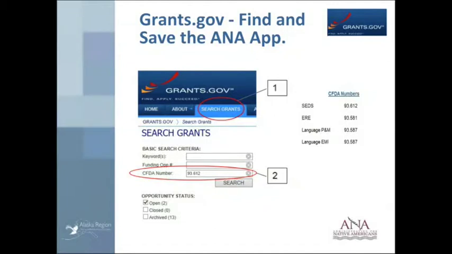You can find it by clicking on the search grants, step 1, and then under the CFDA number, step 2, you just plug in the CFDA number for the program that you're applying for. So if you punch in the SEDS CFDA number 93.612, it'll actually pull up several programs that fall under the SEDS. There's the SEDS, the SEEDS, the SEDS Alaska. All of those funding opportunity announcements will come up if you just search for 93.612.